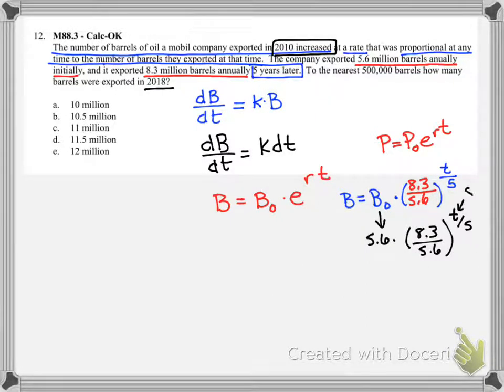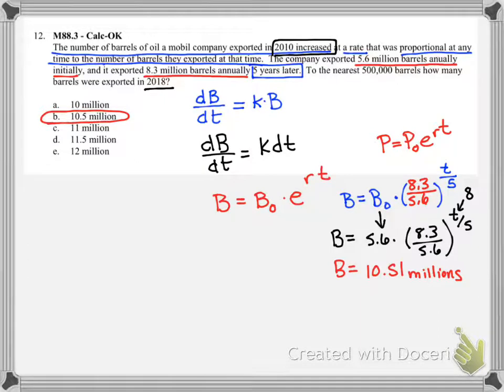So this is going to be year 8. That's what the number of barrels will be. After plugging all of these values into your calculator, you'll find that the barrels are 10.51, and of course, this is in millions. Okay, so that gives us the right answer.